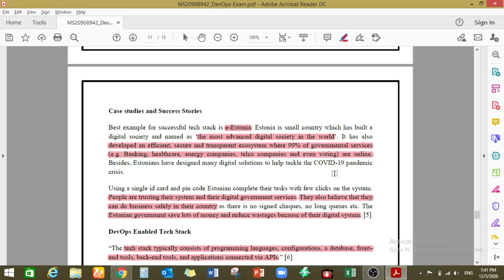People are trusting their system and their government services. They also believe that they can do business safely in their country as there are no bouncing checks, no long queues like that. Because of this digital system, the Estonian government can save lots of money and reduce wastage a lot.